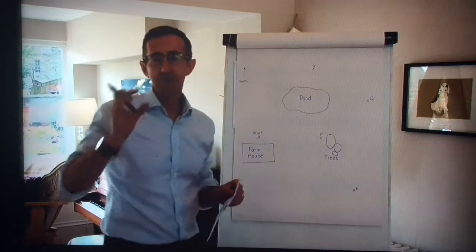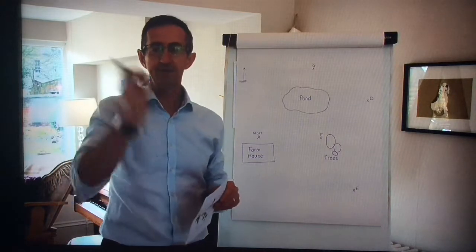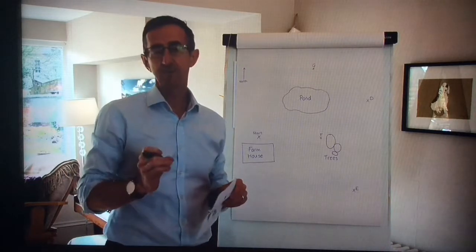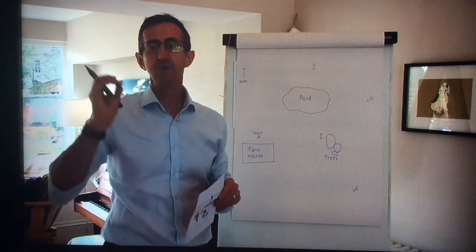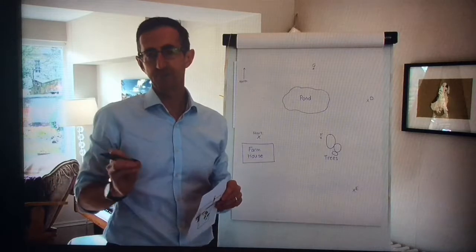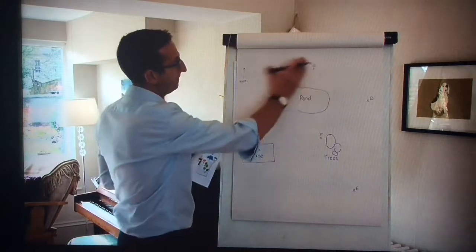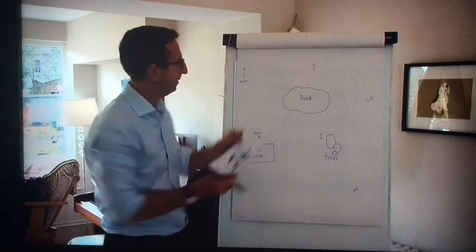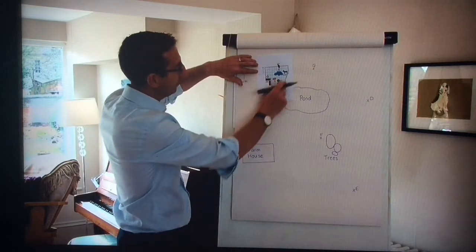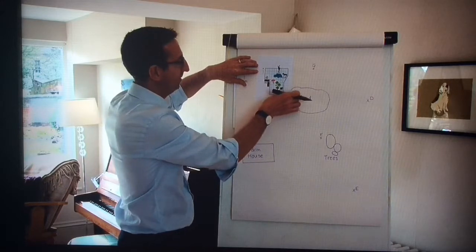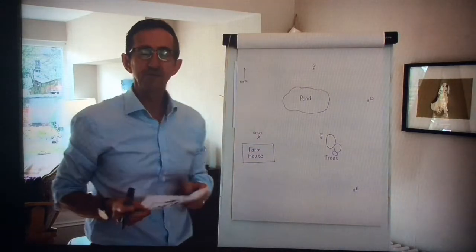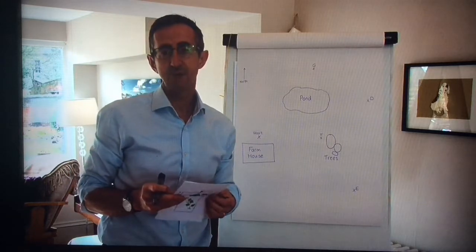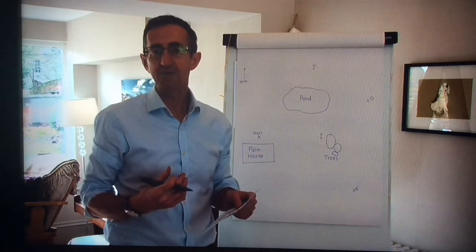In the robots lesson, the children have to make a decision as to which is the best robot for the farmer: the left-right robot with a face, or the north, south, east, west compass robot. This is an example of the farm where they have to move the robot around. The first example you're going to get does have grid lines on it, so I don't use any questions with this, because all the pupils have got to do is direct the robot around the farm and decide which is best.